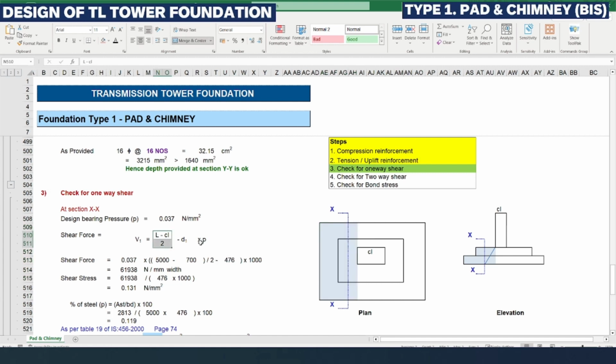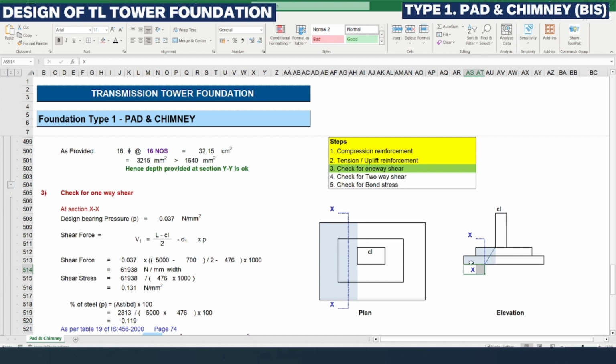That is what is done here, and from that value we need to deduct the effective depth, because our effective shear will occur somewhere here, as you can see in that section view. When we apply the D1 dimension from the face of the column with the inclined 45-degree shear plane, the shear plane shows that the effective shear distance will occur somewhere away from the face of the column at a distance of D1.